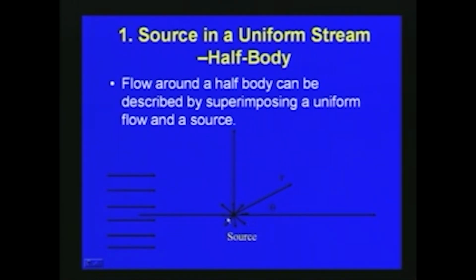The x axis is in this direction, the y axis in this direction, and at the origin we keep a source. At any point, r is defined with respect to theta. Now we superimpose this uniform flow and the source, as shown in this slide, and then a half body will be formed.